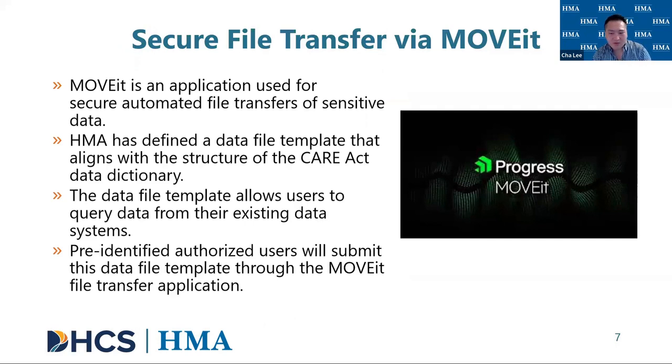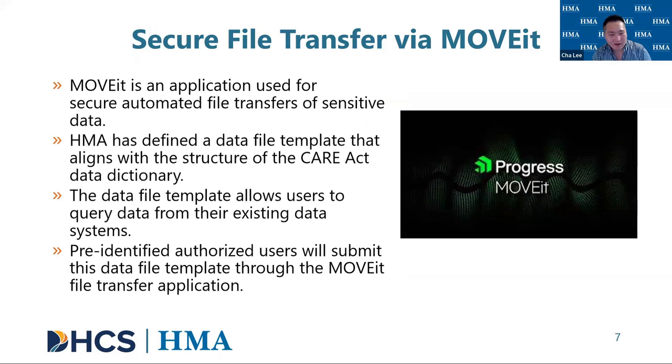The County Behavioral Health Agency can use the MOVEit file transfer application to submit the CARE Act data securely. MOVEit is an existing tool used for the transfer of data used by DHCS. Technically, MOVEit is an application used for automatic file transfer of sensitive data.